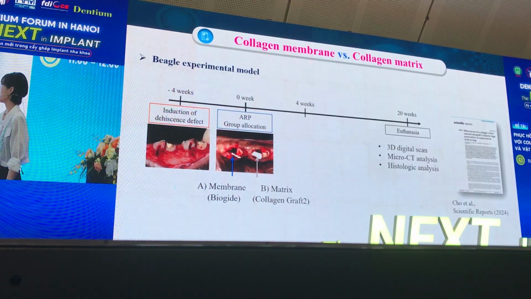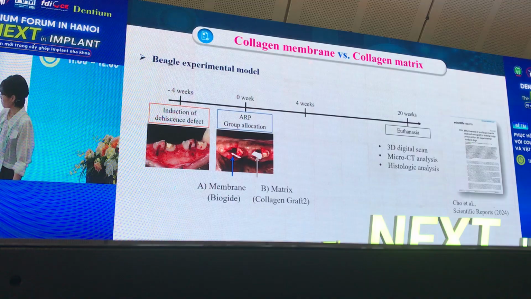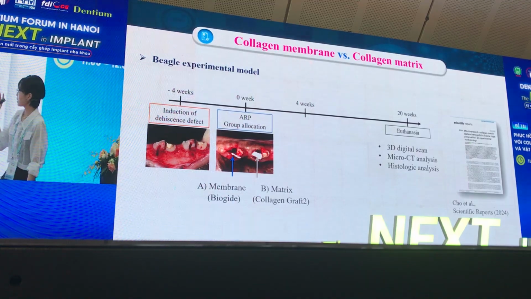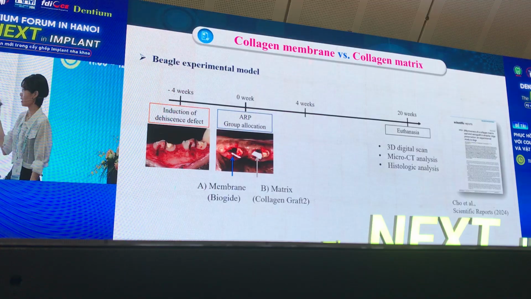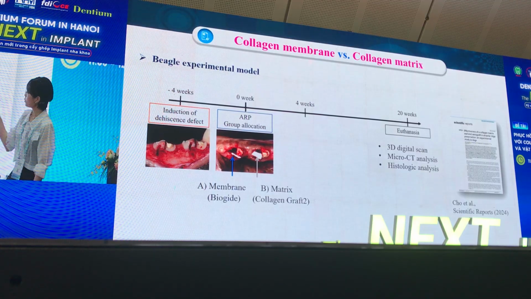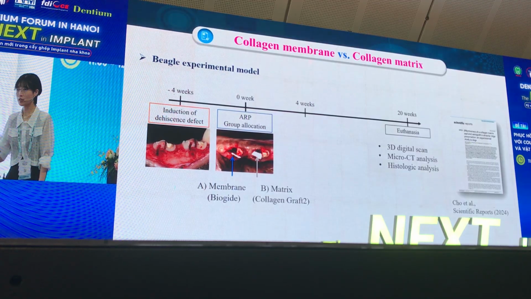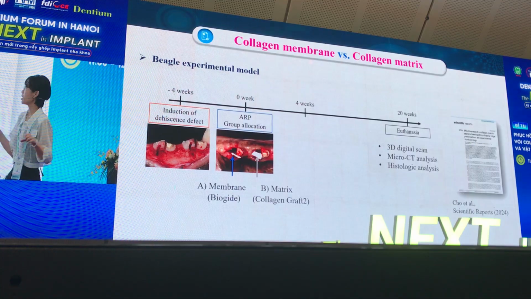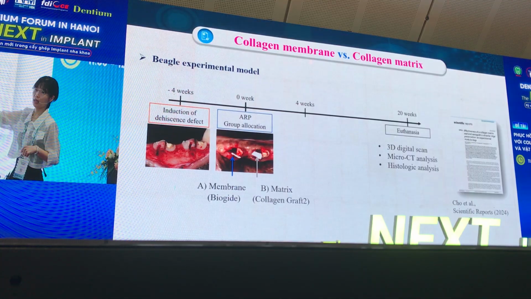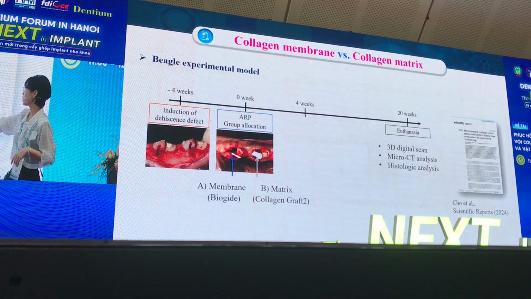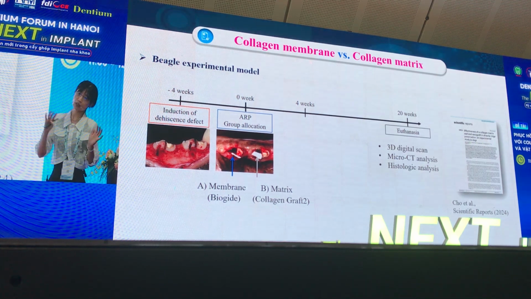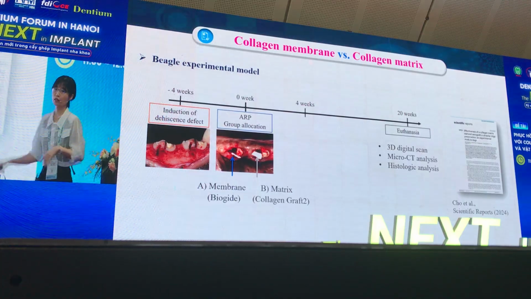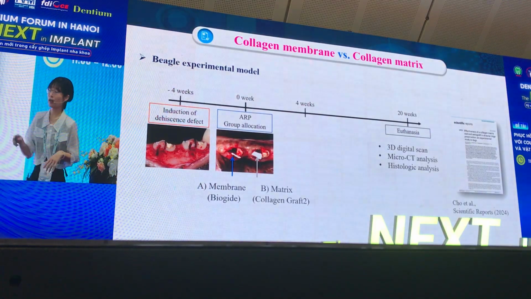We made the defect, and then we did an ARP, and we used the same bone graft materials, but the difference was one used the membrane, and the other used the matrix. So that was the comparison between the BioBite and Collagen Graft 2 in the ARP.